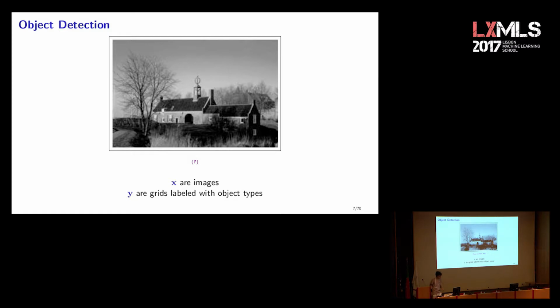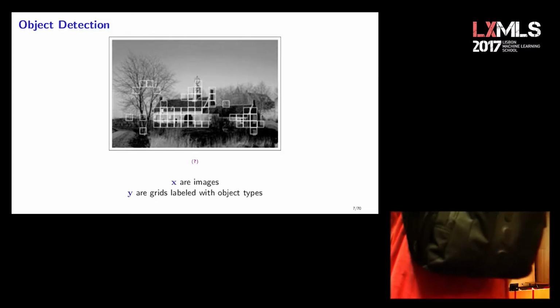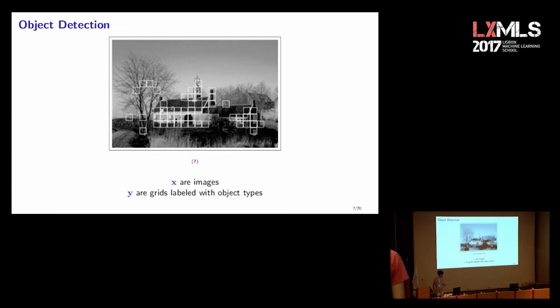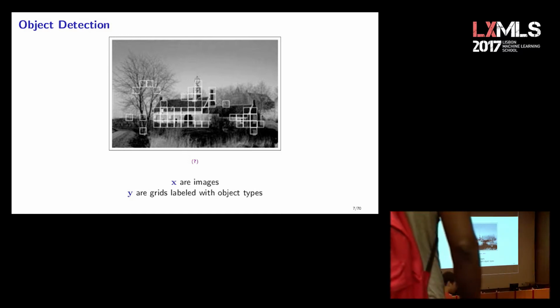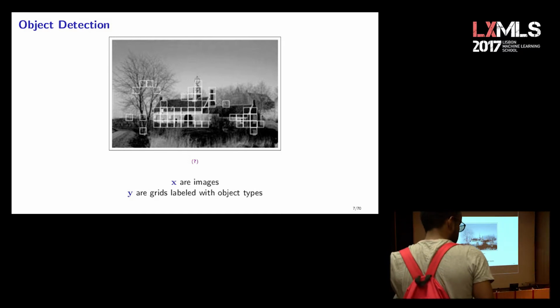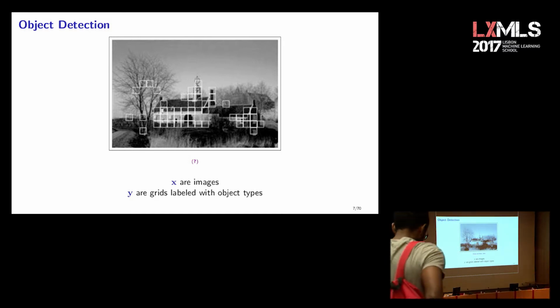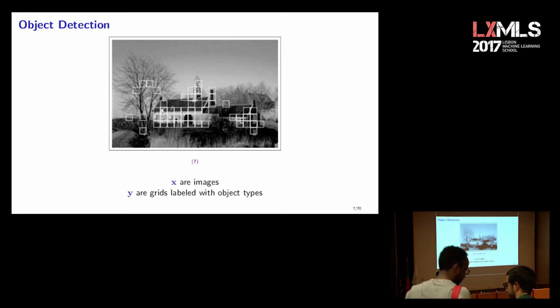So outside NLP, there's computer vision, object detection. We're given an image, and we want to predict. We establish a grid. And for each cell in the grid, we want to predict what type of object is there. Okay, so this cell here is part of a building, and this cell here is part of a building too.